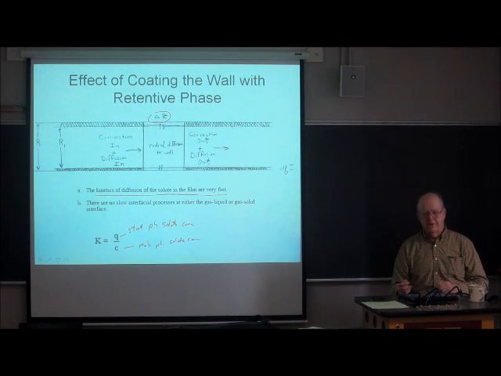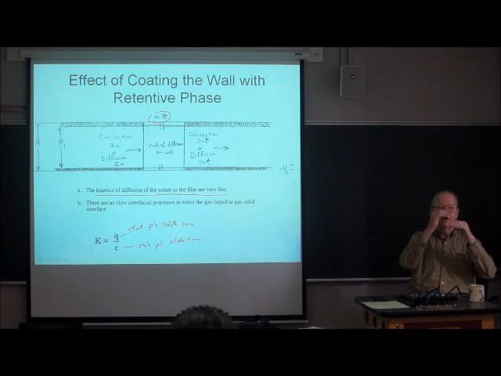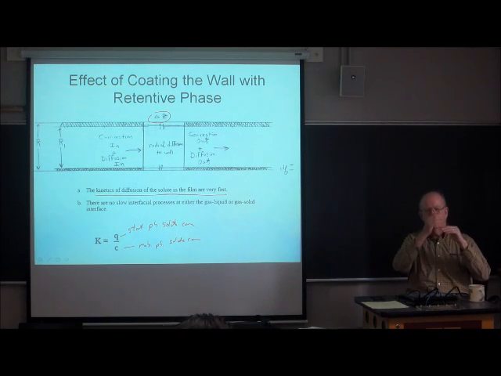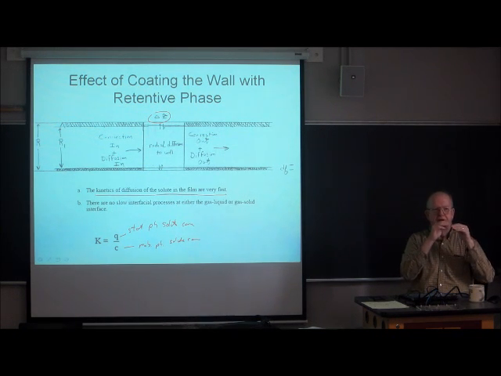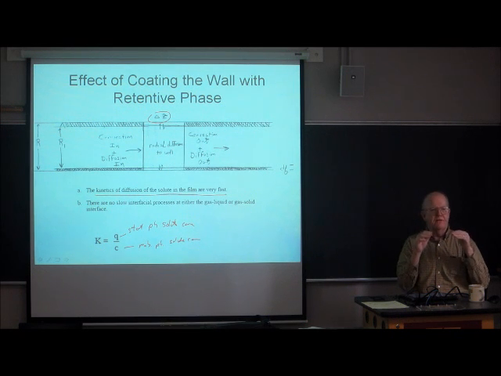There's another assumption, and it's a chemical issue more than a diffusion or a mass transfer issue. When a substance crosses an interface between a gas and a liquid, or between two immiscible liquids, there's an interfacial impedance that resists the solute going from one phase to the other.